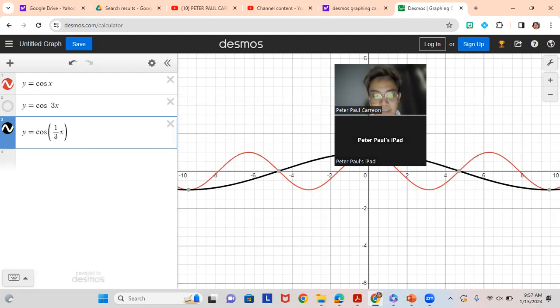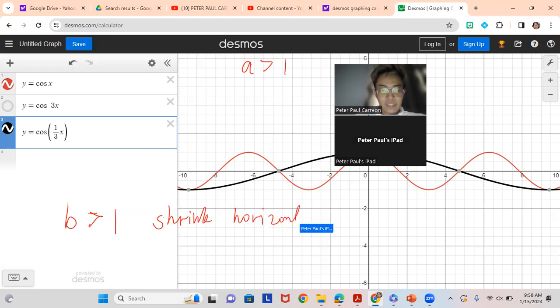O, i-summarize natin, ha? Kapag ang A natin greater than siya sa 1, anong nangyayari sa graph natin? Nag-stretch siya vertically. Vertical yung nangyayari sa atin, no? B muna tayo, yung B. Kapag ang B natin ay greater than 1, nag-shrink siya horizontally.